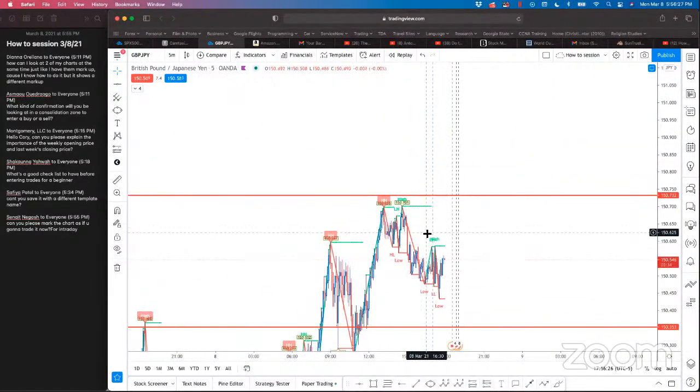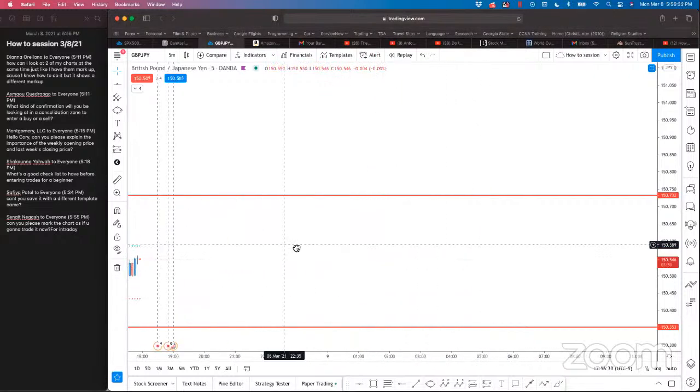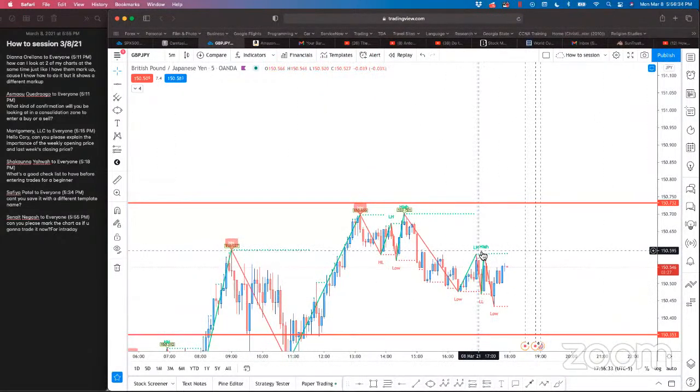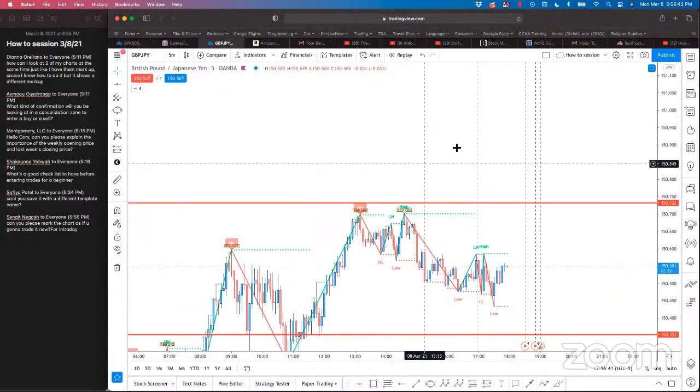I'm probably not going to focus on what's going on right here because these are 5-minute highs. These don't give the same reaction as this daily would. That's why it's very important to focus on what's going on on the higher time frame.